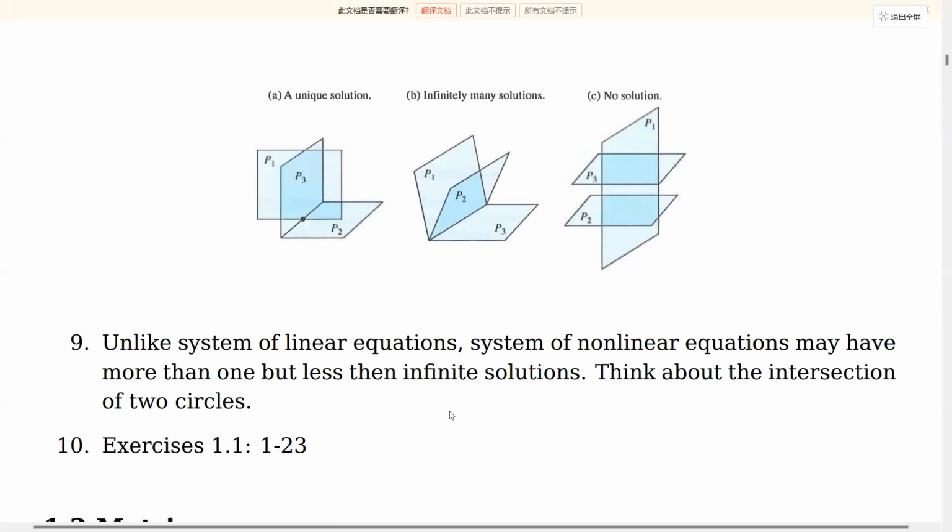Or one solution when they are tangent, or 2 solutions when they intersect at 2 points, or infinite solutions if they coincide, right? So nonlinear equations are very different from linear equations. Just keep in mind. So this is the first section, I believe.